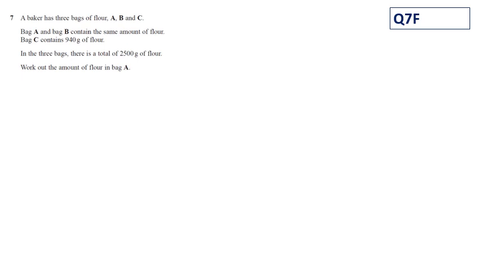Okay, so to start off, I know that the 3 bags have 2,500 grams of flour altogether. So that's bag A plus bag B plus bag C equals 2,500 grams of flour. Now, I've also been told that in bag C, I've got 940 grams of flour. And I've also been told that bag A and B contain the same amount of flour, but I'm not sure how much.